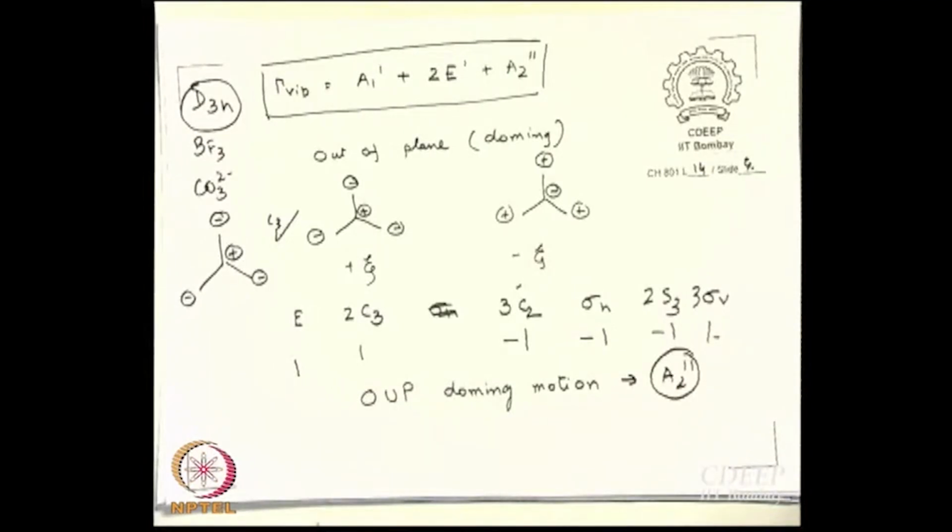One is assigned already. What are we left with? A1 dash and 2E dashed. So 3 normal modes, isn't it? Is there a yes or is there a no? A1 dashed plus 2E dashed, that is 3 normal modes or what? 5 normal modes.